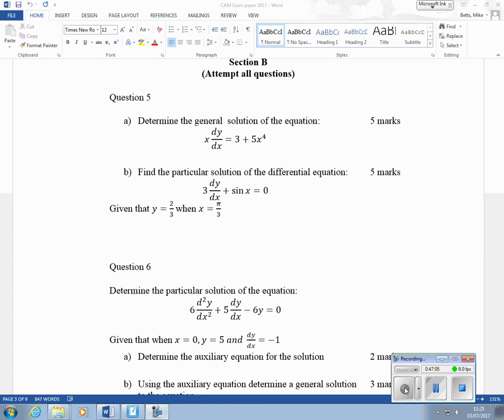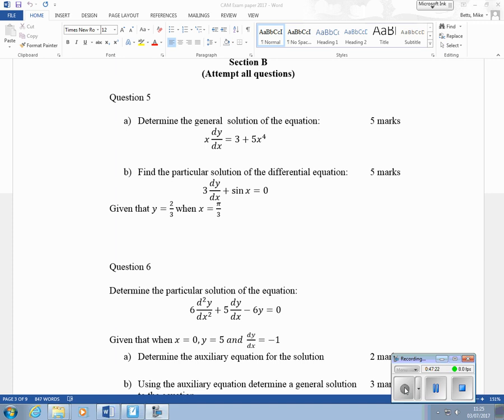Question 5. Determine the general solution of the equation x dy by dx is equal to 3 plus 5x to the 4. And then you've got a particular solution of a different differential equation.